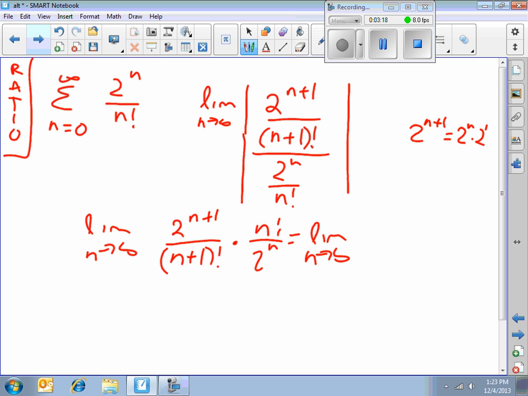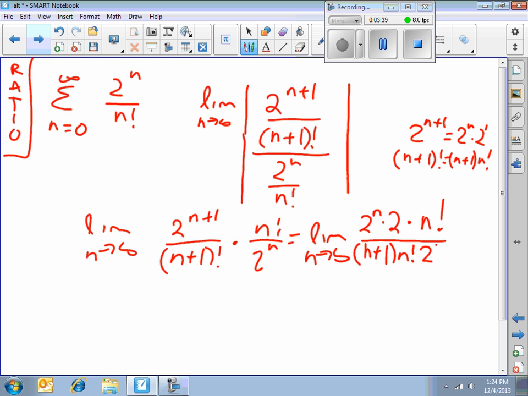So 2 to the n plus 1 is 2 to the n times 2, times n factorial, just going across. On the bottom, I'm going to rewrite n plus 1 factorial as n plus 1 times n factorial. It just reduces down a lot. You remember doing that as well. n plus 1 times n factorial, and then times 2 to the n. Well, the 2 to the n's cancel out.